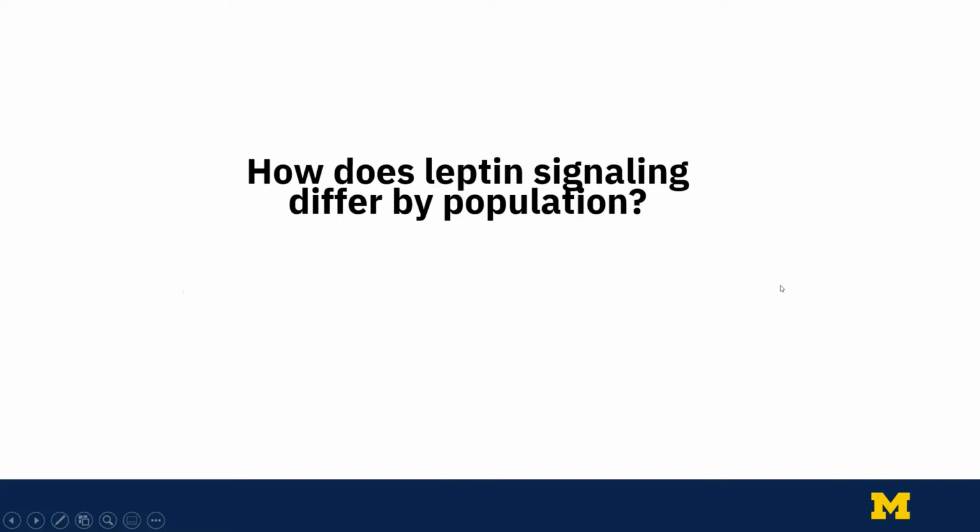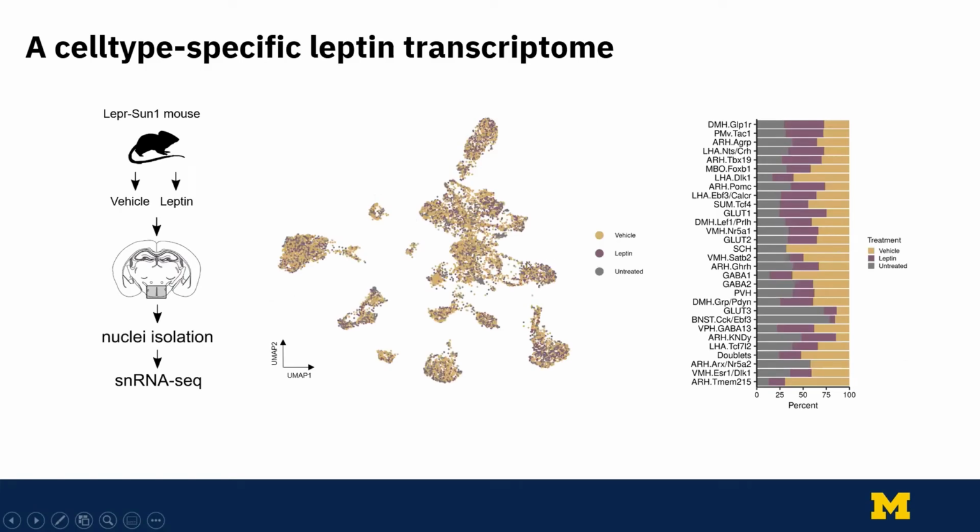But we next wanted to know, now that we have this data set in hand and this mouse line in hand, on a population level how different leptin signaling is. So in addition to just doing unbiased sequencing, we also treated some animals with either vehicle or leptin for 6 hours.